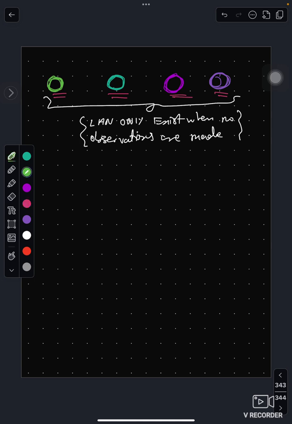right now the word observation is actually measurement.